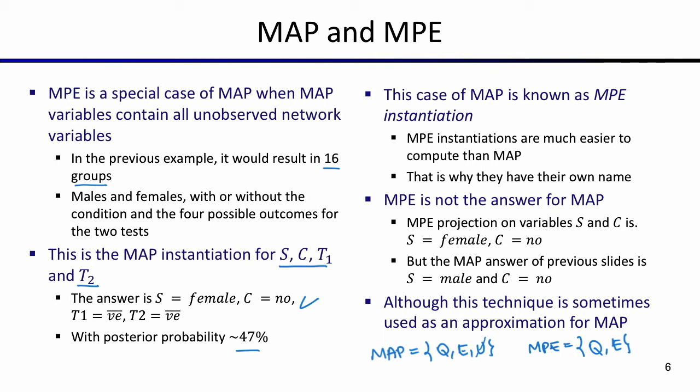So if we look at this example, and if we project this MPE answer into the variables S and C, or in this case we just take part of the instantiation, so this part here, S equal female and C equal no, it is not the same answer that we got for the MAP query, that we got S equal male and C equal no. So it's not the same answer, but because MPE queries are easy to compute, sometimes when the MAP query is too difficult to compute, we use the MPE as an approximation for the MAP query.